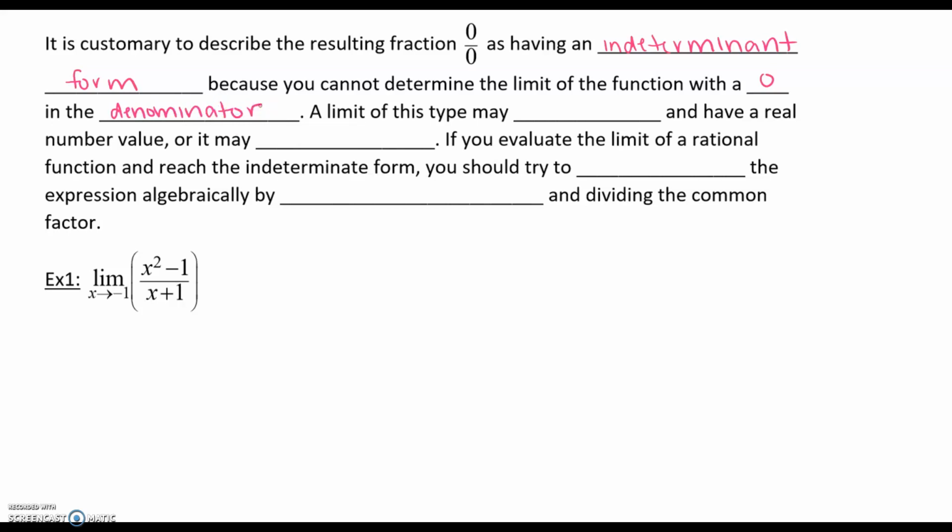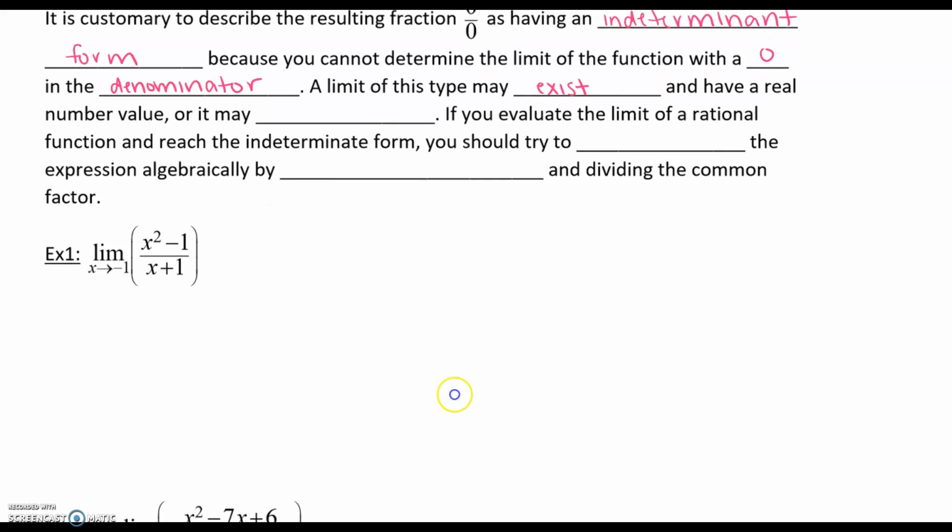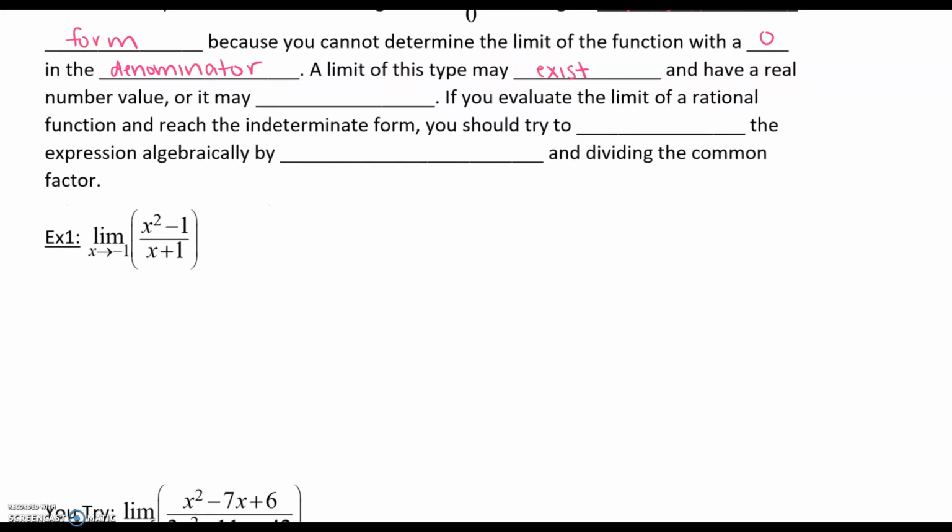However, a limit of this type may exist. So just because you use direct substitution doesn't necessarily mean the limit doesn't exist. So if you get 0 over 0, that's the indeterminate form, and that lets you know there might actually be a limit with a real number value, or it might not exist. But now you have to do more.